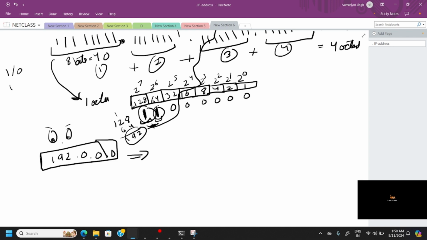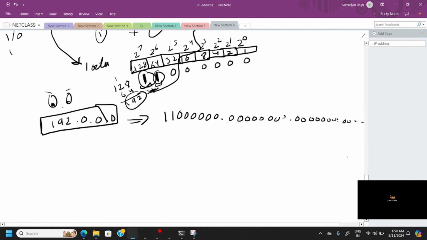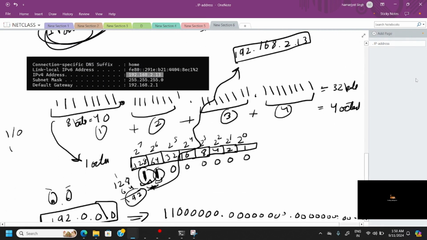But in the backend, in the physical layer, it is a series of ones and zeros: 1, 2, 3, 4, 5, 6, 7, 8, and then 8 times 0. So this is how it works. When we are talking about an IP address like this, let's take it again.